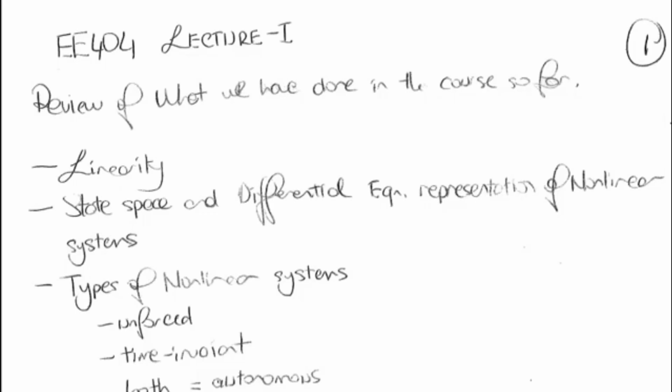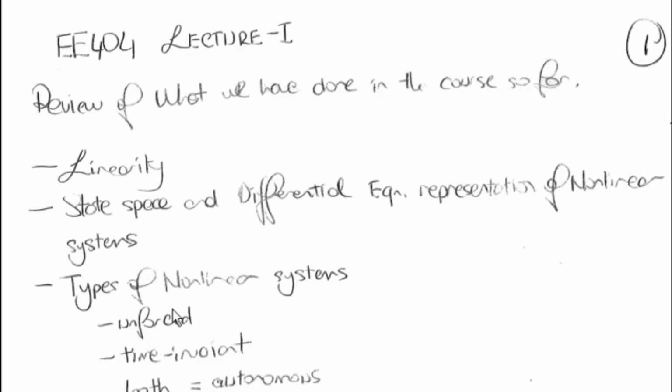So let us look at what we did in the course so far. We started by defining what linearity is. Of course, if you're taking a nonlinear control course, then you have to know what linearity means, or what nonlinear systems do not satisfy. Then we looked at the state space and differential equation representations of nonlinear systems, and we have seen some conversion from the differential equation to state space representations, because most of the time, nonlinear systems are analyzed in state space form.